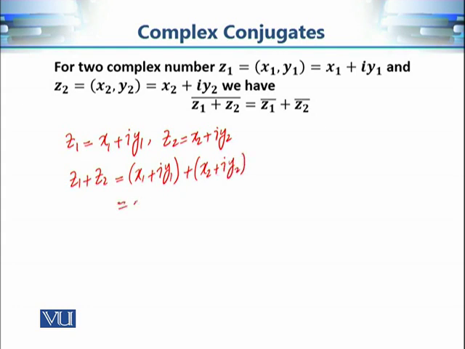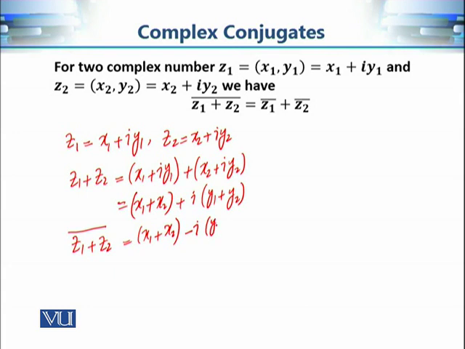Now this is equal to x1 plus x2 plus iota times y1 plus y2. And if I calculate the conjugate of the summation of z1 plus z2, this is going to be equal to x1 plus x2 minus iota times y1 plus y2.